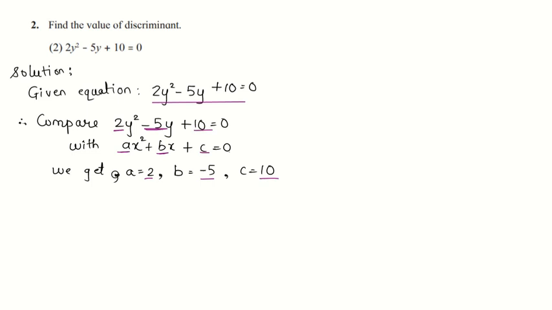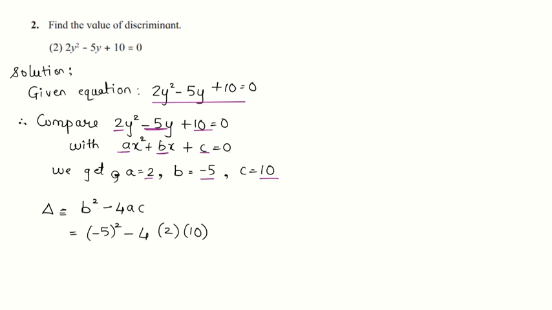Now we need to find the value of discriminant. So what is discriminant? That is, we need to find the value of delta. How will we write? That is b square minus 4ac. What is the value of b? b is minus 5 whole square minus 4 into a into c.